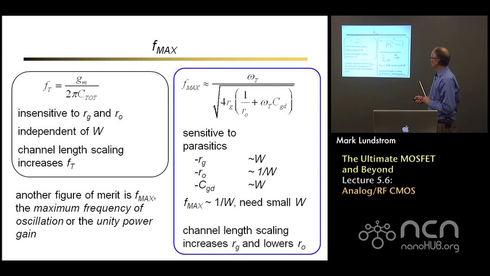This is another critical frequency for circuit performance. It depends also on some other parameters. It depends on that FT, but it depends on some things that FT didn't depend on. So this is another figure of merit that circuit designers pay a lot of attention to.